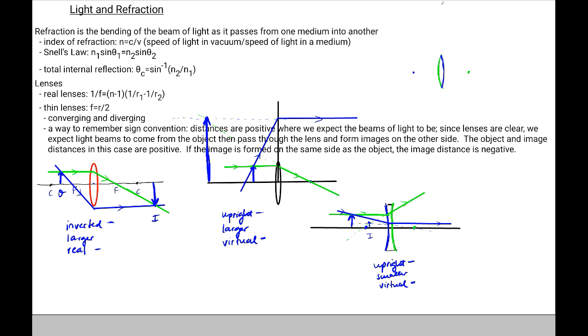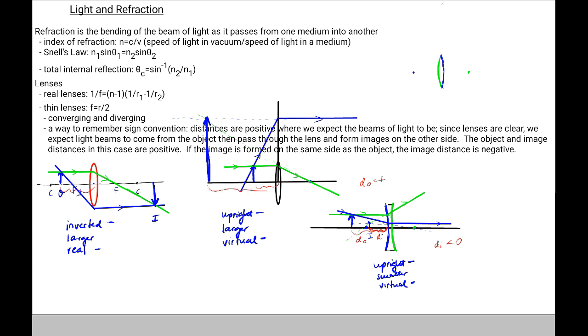So let's look at the conventions again for the signs. The object distance is positive on the left side. So for all of my drawings here, the object distance was positive, DO. The image distance. So the image distance is this in this last drawing, and image distance is negative for this drawing.